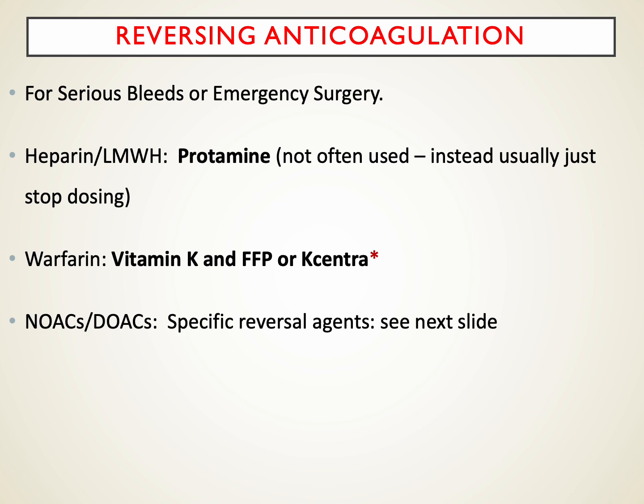When you need to reverse things emergently, we have antidotes. The antidote for heparin and low molecular weight heparin is protamine. We don't use it all that often, but we can use it. For warfarin, and we'll talk about this in a minute, we have vitamin K, which takes a day or two to work. We can give it orally.